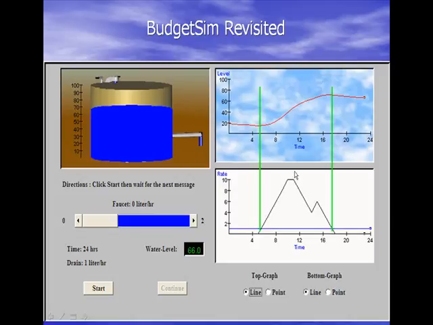Recall that in this particular simulation, the maximum rate of input, the maximum amount that I was putting into the tank, was at 10 liters per hour. And that maximum occurred, it looks like, somewhere right around between hour 10 and 12. Somewhere in that area.